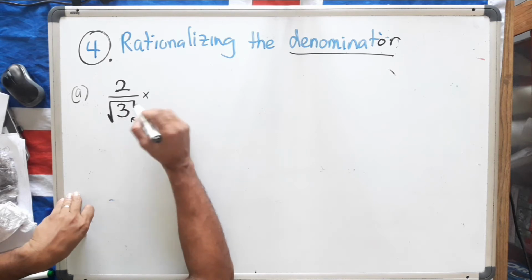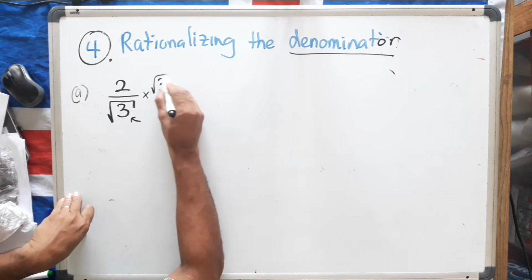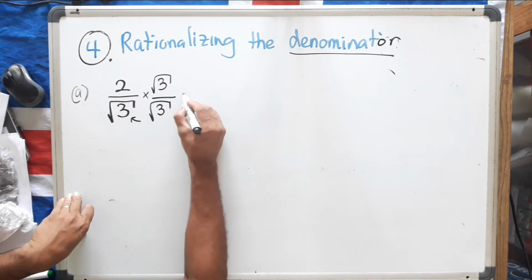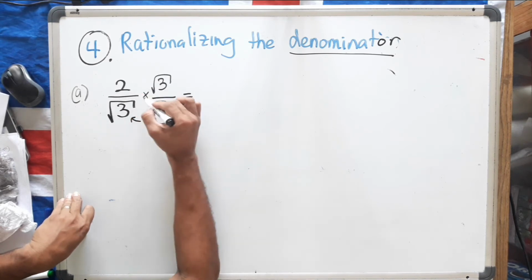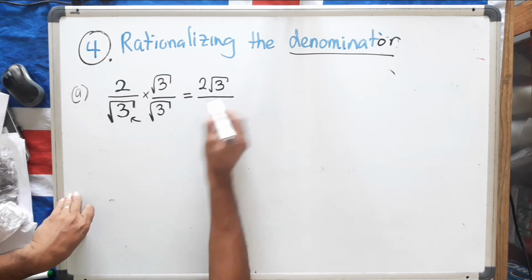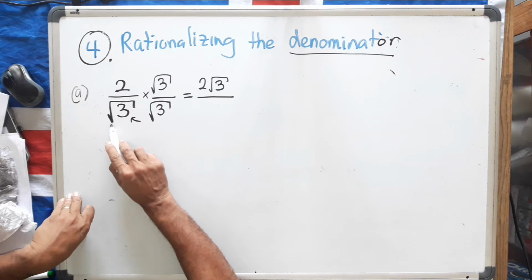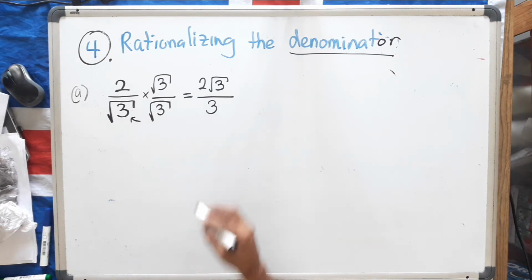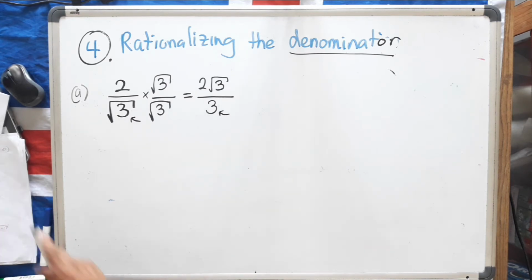All we have to do is multiply the top by the surd and multiply the underneath by the same surd. So 2 multiplied by the square root of 3 is just 2 multiplied by the square root of 3. But we know the square root of 3 multiplied by the square root of 3 will give us regular 3. You notice that the underneath is no longer a surd.